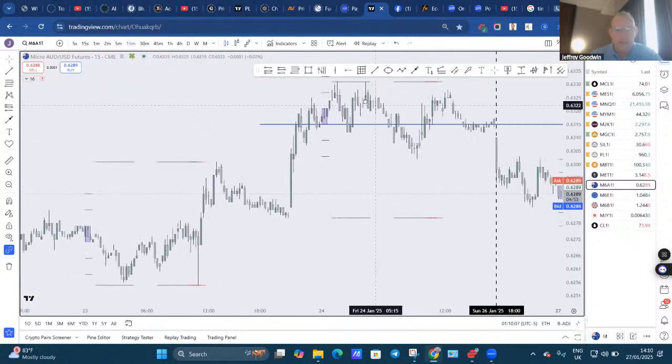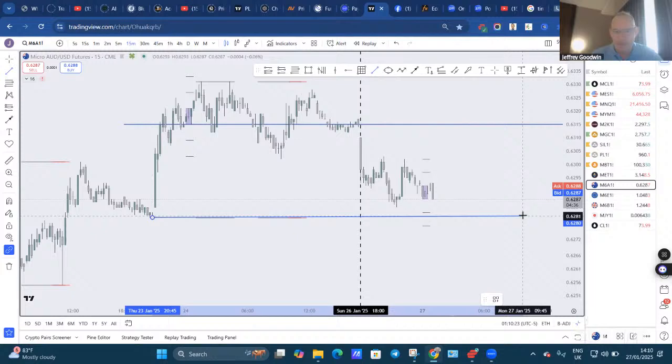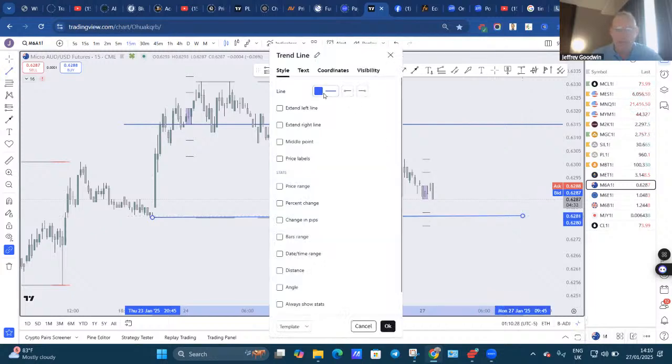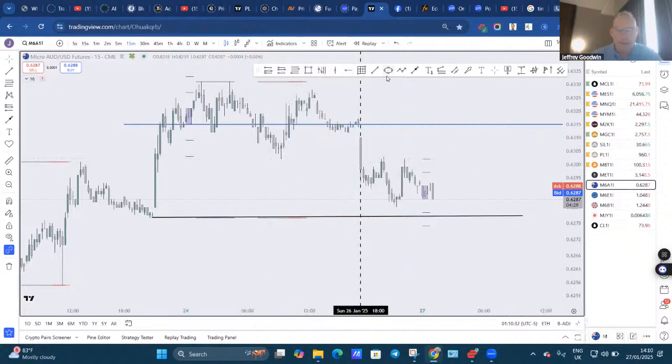Oh, very interesting. So where was the last low? It went straight down. You see here, that blue, ladies and gentlemen, black. And you can see this one's already been achieved.